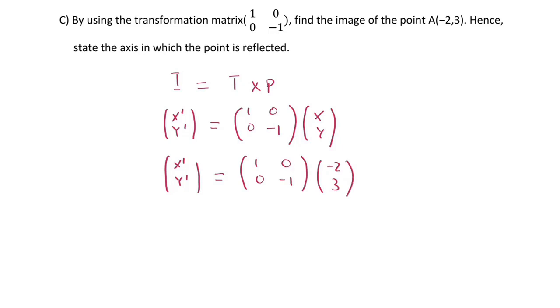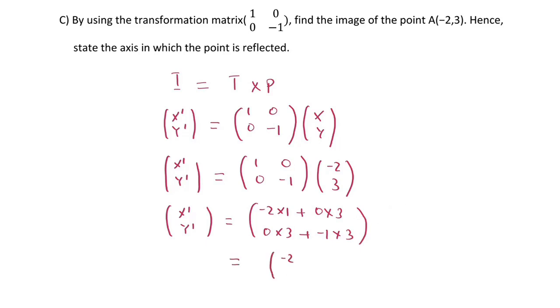Okay, so now let us multiply this matrix. We are going to have (x image, y image) equals matrix (-2 times 1 plus 0 times 3, 0 times 3 plus -1 times 3), of which, solving this, we are going to have (-2, -3).